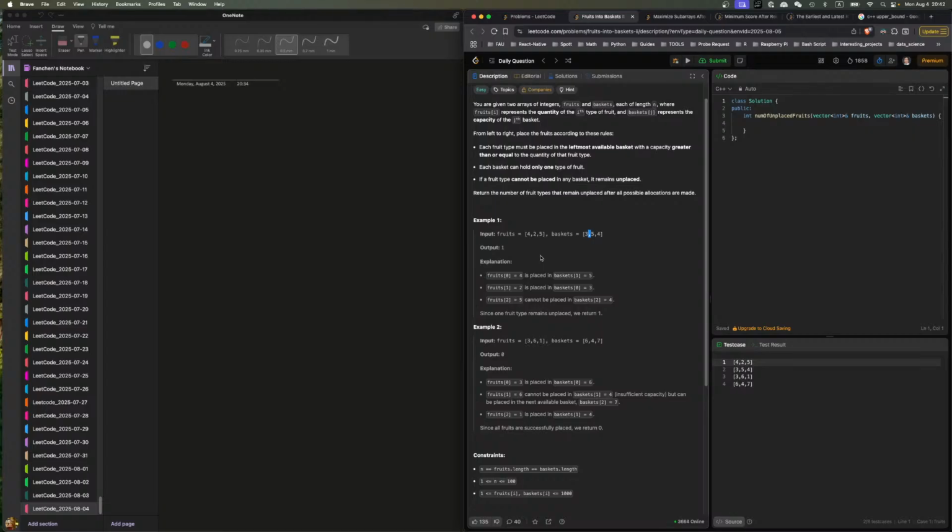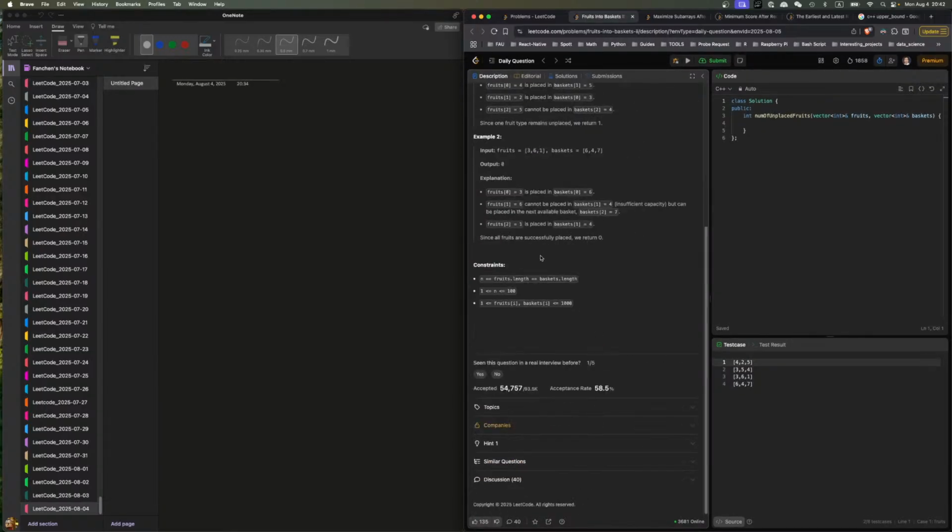So now we move the basket down. Then we'll keep moving until we find one that fits. But then that's still O(n) squared. Dude, is there a not O(n) squared? Oh, I guess this is O(n) squared then.